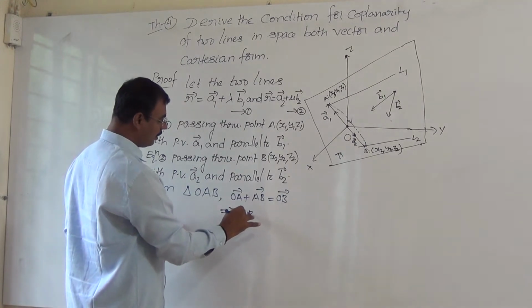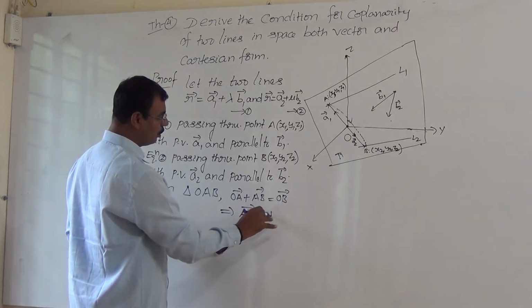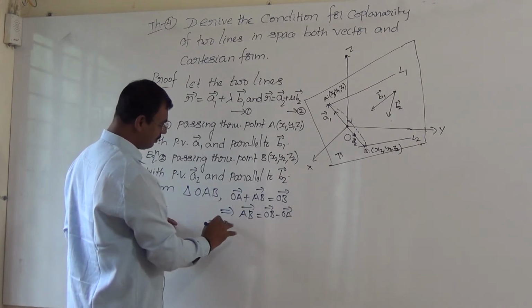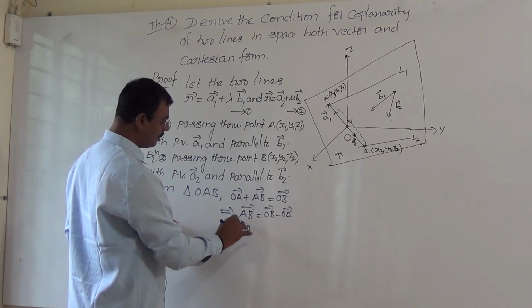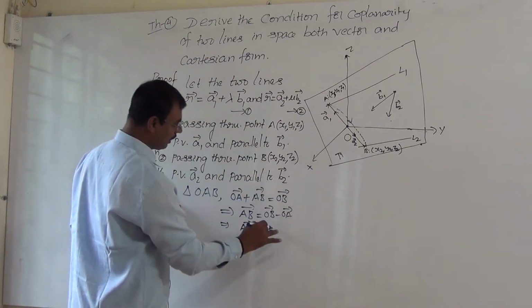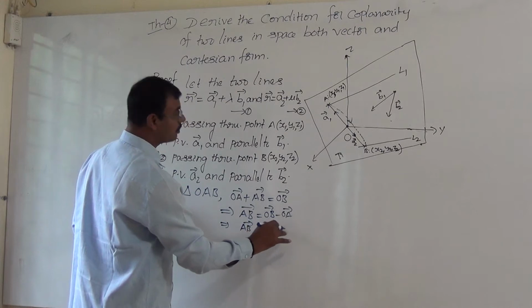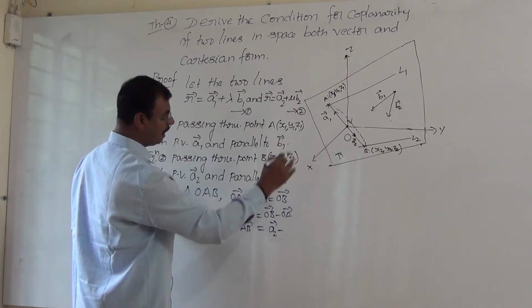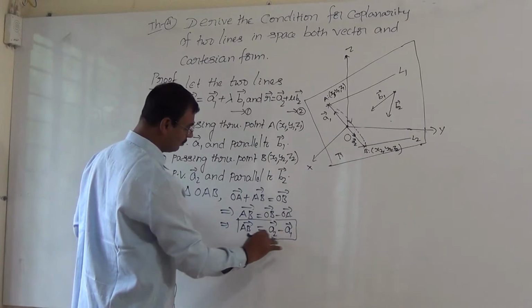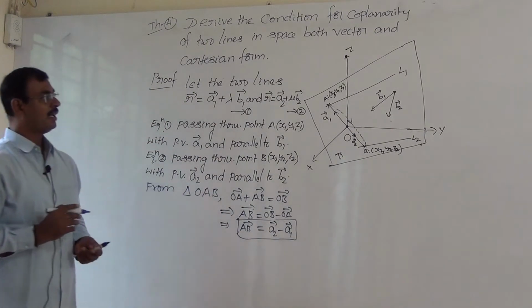So AB bar equals OB bar minus OA bar. OB bar is the A2 vector and OA bar is the A1 vector. So we got AB vector is equal to A2 bar minus A1 bar.